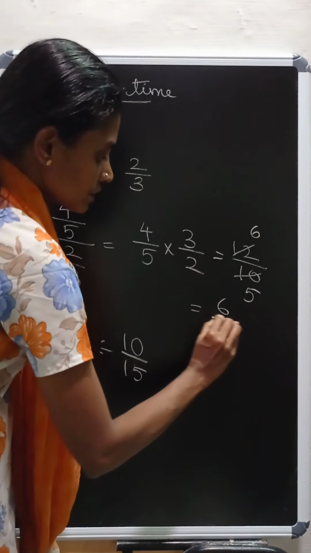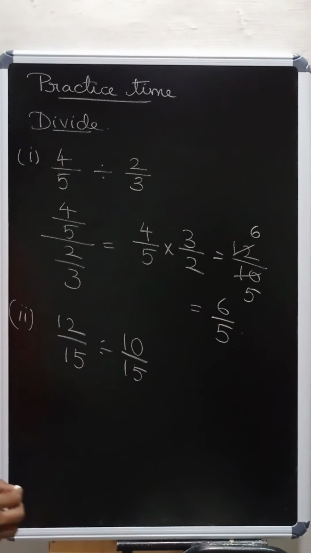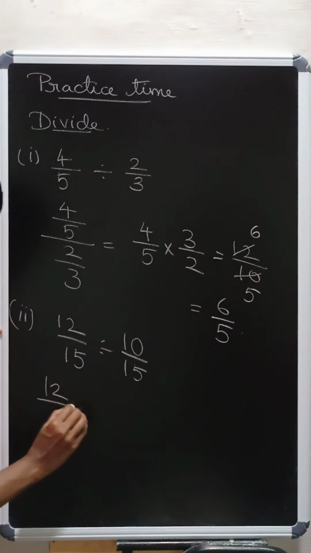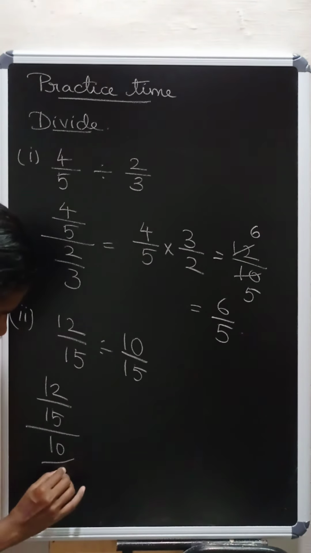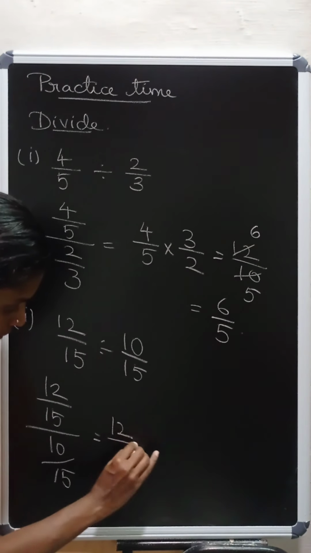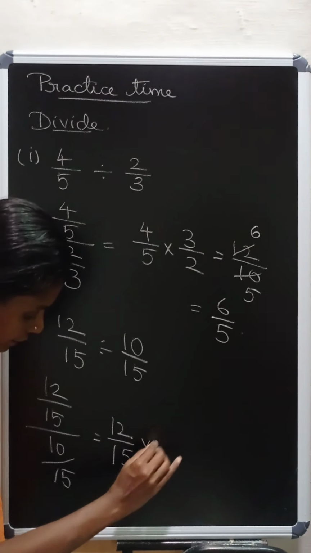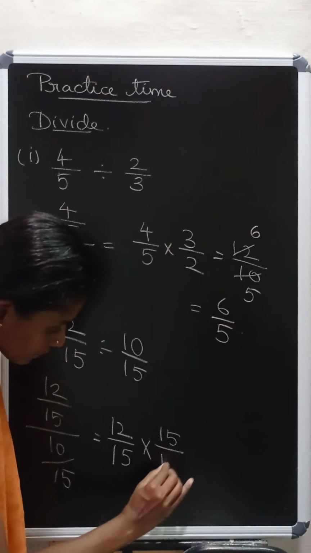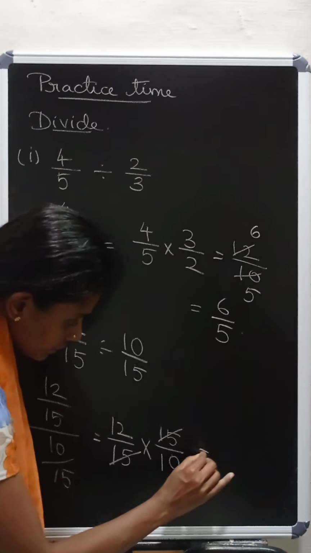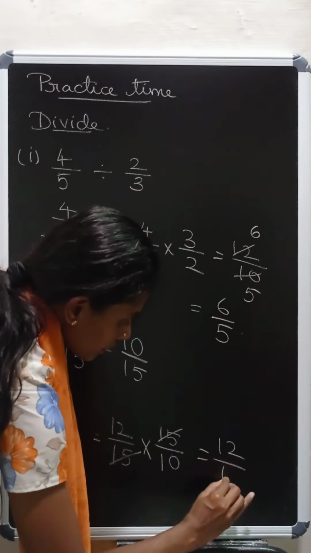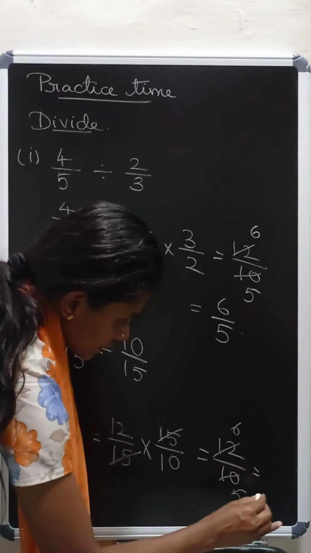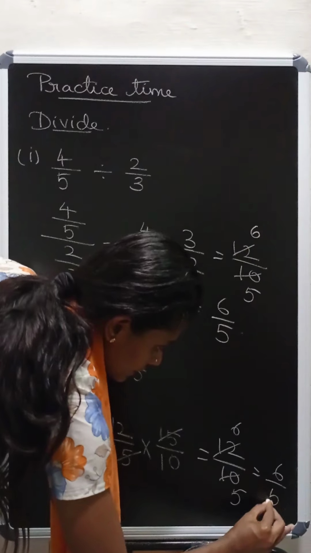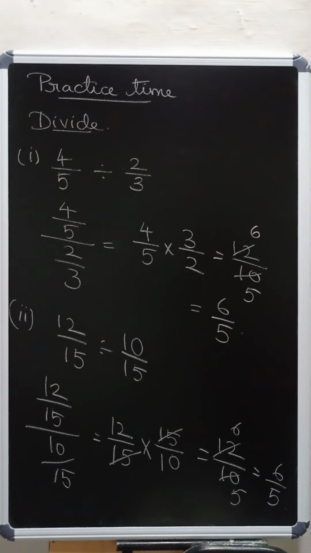Which is equal to 6 by 5. Next, 12 by 15 divided by 10 by 15, which is equal to 12 by 15 into 15 by 10. 12 by 10. It's nothing but, cancelling by 2, 6 by 5.